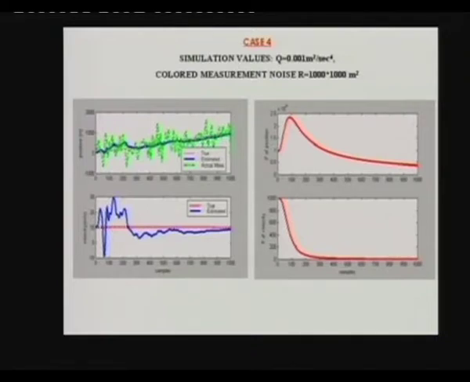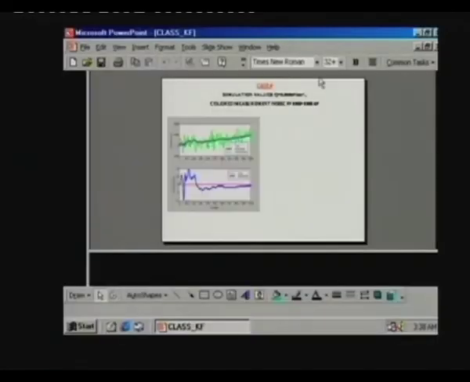So again, convergence is still slow because our R is still very high. So this is what I wanted to show about Kalman filter. You can yourself do many experiments with your own code and see better things.